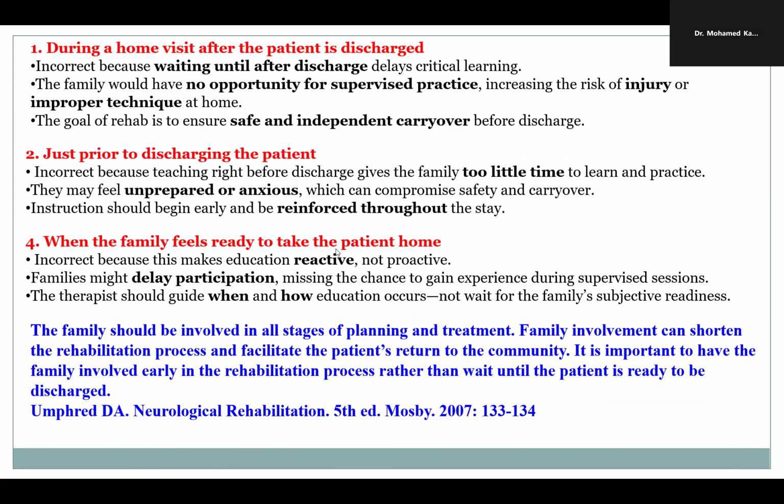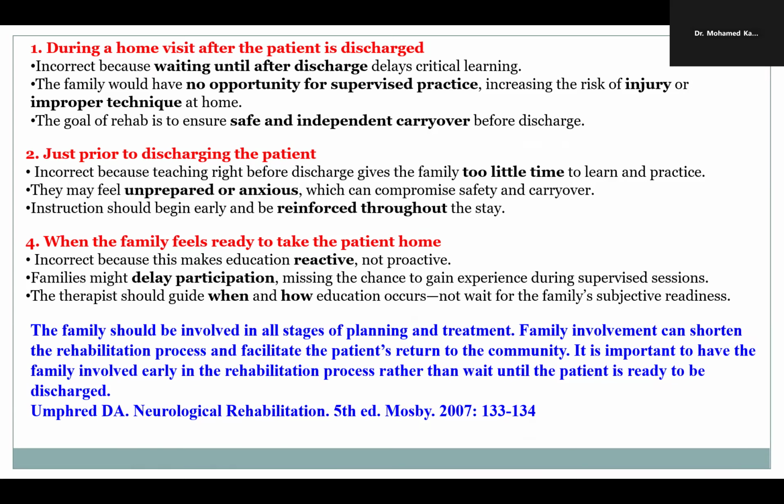Let's look at the incorrect answers. Number one, during a home visit after the patient is discharged, incorrect. Waiting until the patient is discharged will delay critical learning, will not give the family enough time to do supervised practice, and will increase the risk of injury.